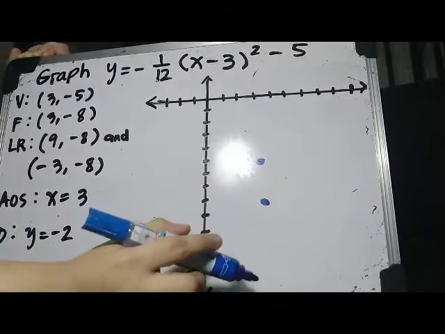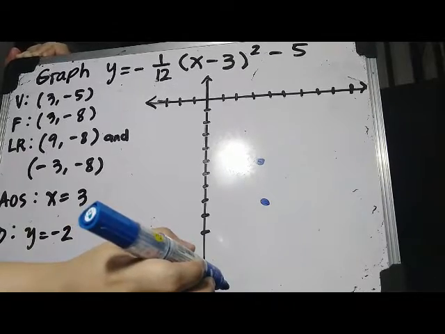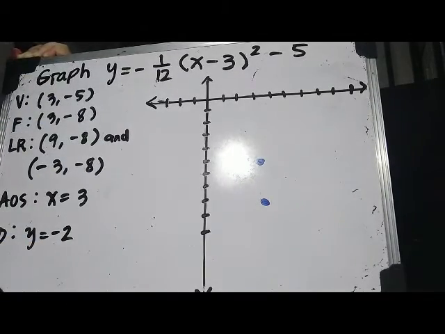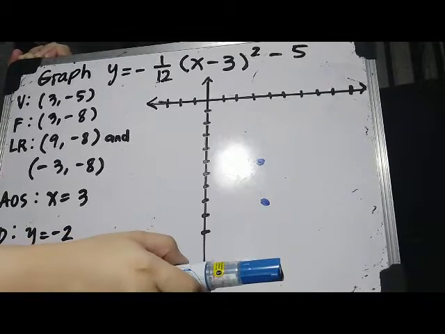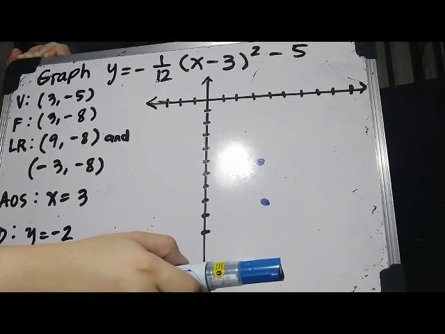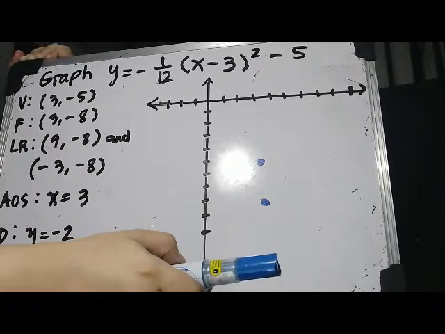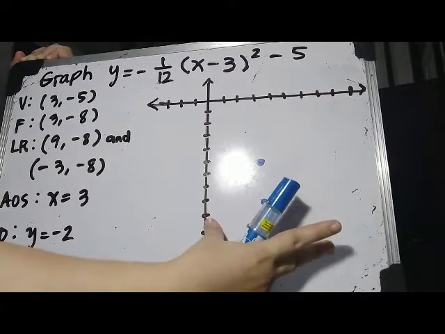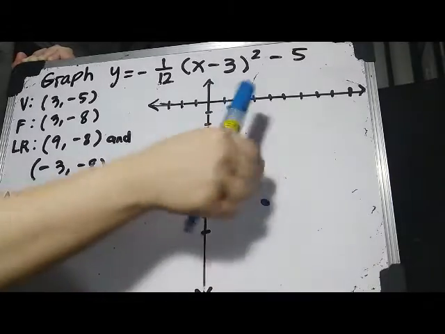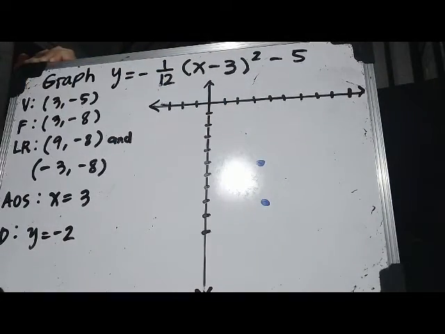And then let's have the endpoints of the latus rectum. Take note that the distance of the focus from the vertex is the distance p, and the length of the latus rectum is actually 4 times p. So the entire width of the latus rectum will be 4 times the distance of the vertex from the focus.